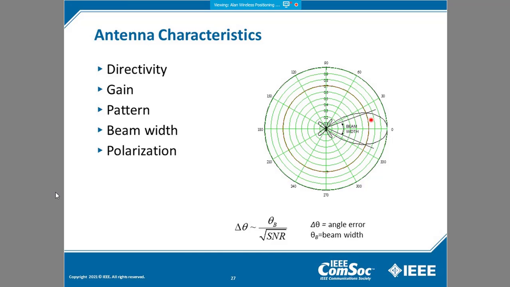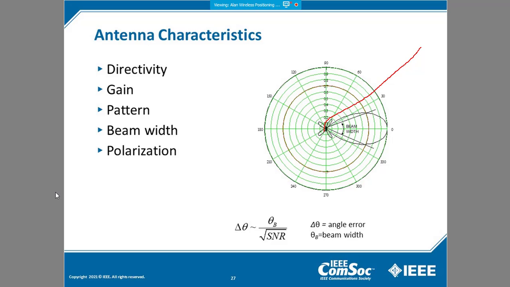And we can see here that we have a particular directive antenna. This is the pattern. We want to determine where a signal is coming from. The signal could be coming from here. We're also going to detect it if the signal is coming from another direction. Not drawing it very well.